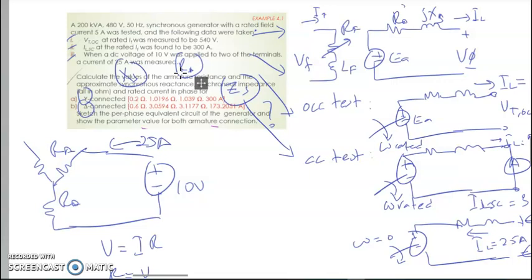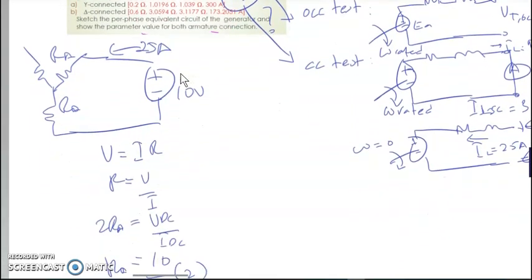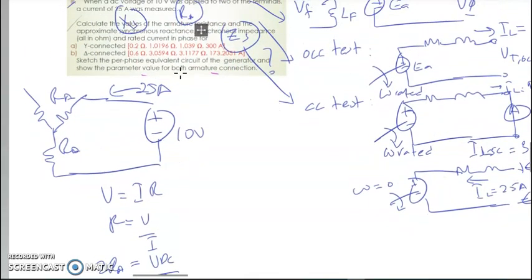So RA, XS, and also ZS. Okay, so now we try to find out XS and ZS.